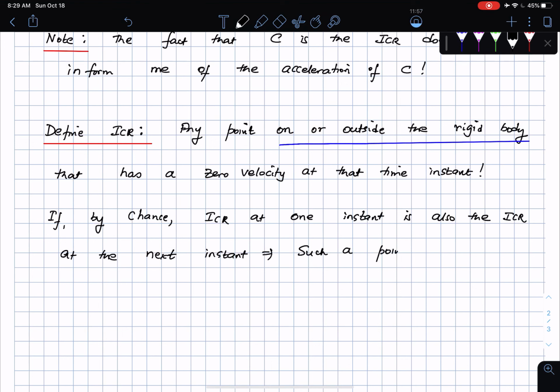Such a point is nothing but a fixed point. This is similar to the fixed pivot of a pendulum.